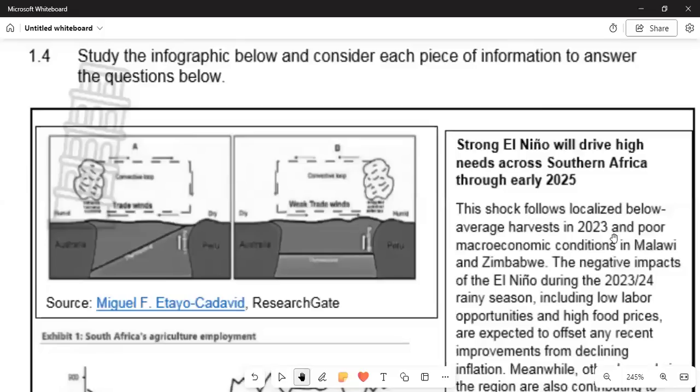All right, and then we can see that here we are anticipating the strong effect of the El Nino. Remember that you must also revise the La Nina. And then we are saying that conditions in Malawi and Zimbabwe, so also in South Africa because these are neighboring countries, are negative for the rainy season, including low labor opportunities, and high prices with incomes declining due to inflation.